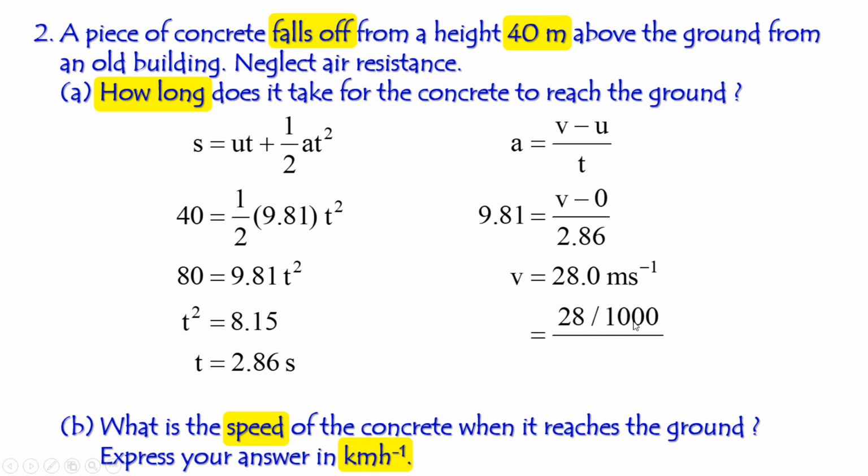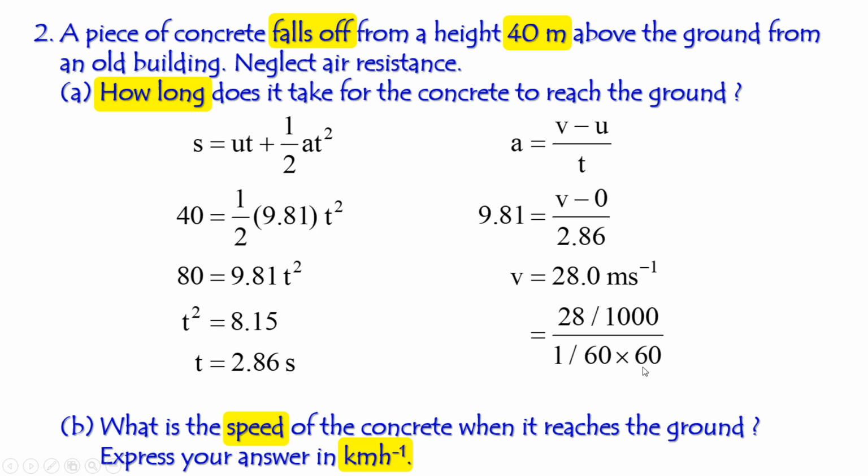So you change the unit from m to km. Is it okay? How about seconds to hours? If you need to change the unit from hour to second, you have to multiply by 60 and 60 again, right? Change it to minutes and then seconds. If you want to change from second to hour, then you have to divide by 60 and 60.